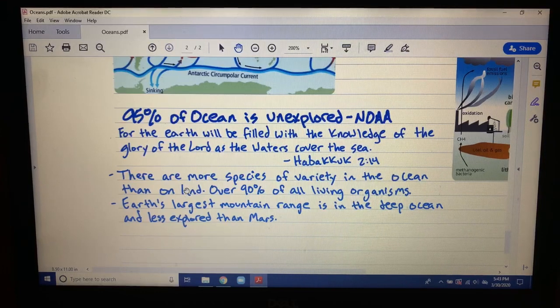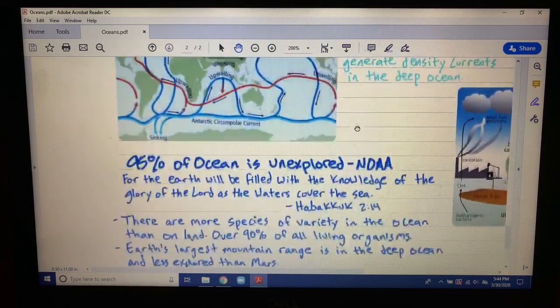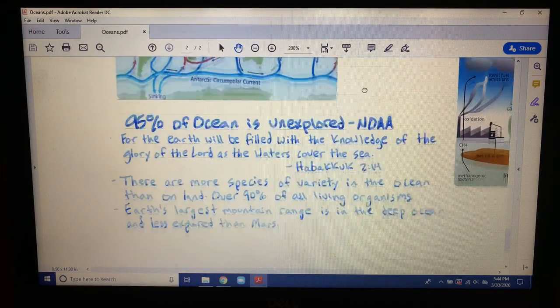So there's more organisms in the ocean or in water than there are land animals. And then you think about that over 90% of all living organisms are living in the ocean. And so we only really see about 10% of organisms on land. So there's probably organisms, and if we've only studied 5%, that we don't even know about. And that's crazy to think about, because of just how vast and how big our world and ocean is.